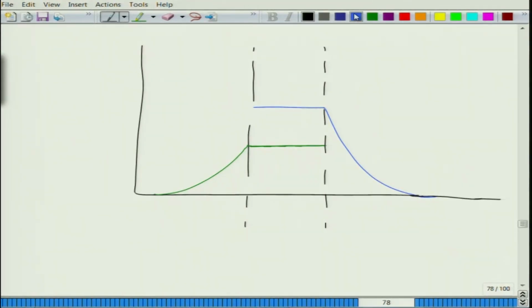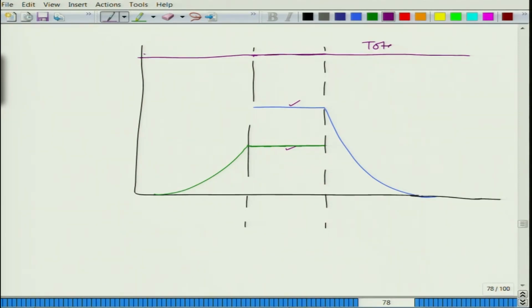Now, the total current in the space charge region will be the summation of this and that. So, let us say it is somewhere here. Total current cannot be different in different regions, it has to be equal everywhere. So, you can extend this line in the p side and in the n side to get the total current across the p-n junction diode.